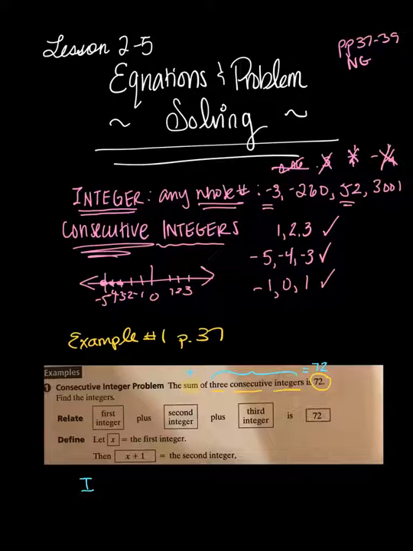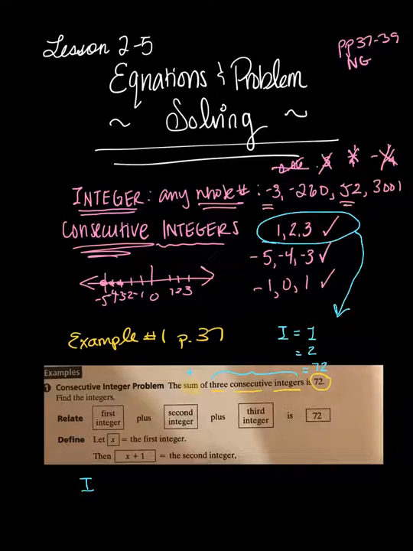If I use capital I to represent integer number 1, and if I have 3 that are consecutive, like 1, 2, and 3, how could I represent that using a variable? If I use I for 1, then what does 2 equal? Well, 2 equals I plus 1, because if I is 1, then 1 plus 1 equals 2.